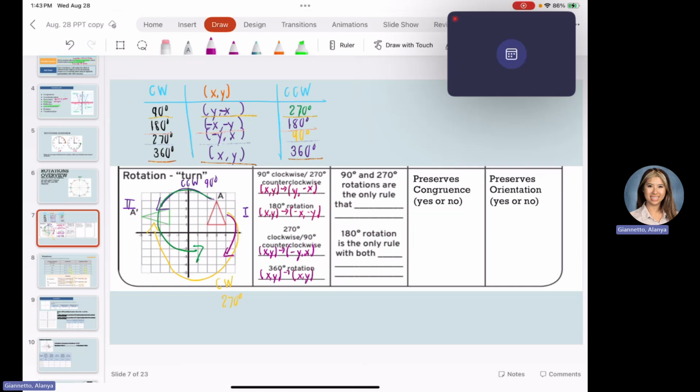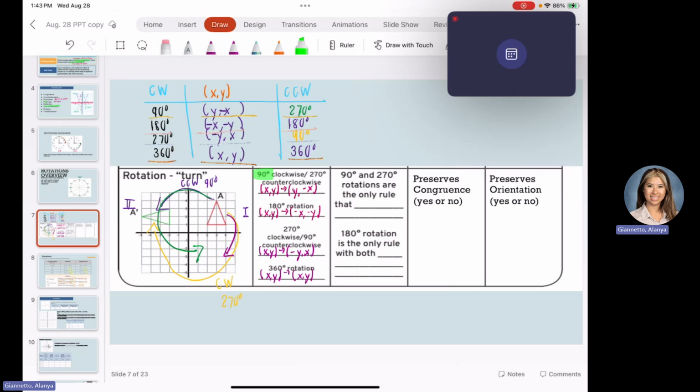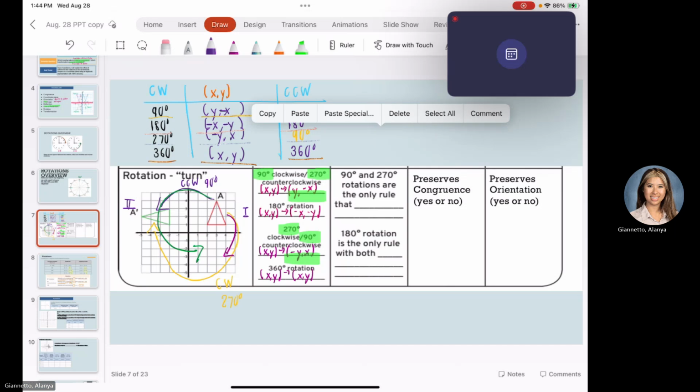Okay, so now we have to answer the two sentence stems. So 90-degree and 270-degree rotations are the only rules that... So I'm going to go ahead and highlight. We have 90 degrees, 270 degrees, 270 degrees, 90 degrees. If we look at this rule right here, we can see that in both of them, the x and y coordinates are flipped or switched.